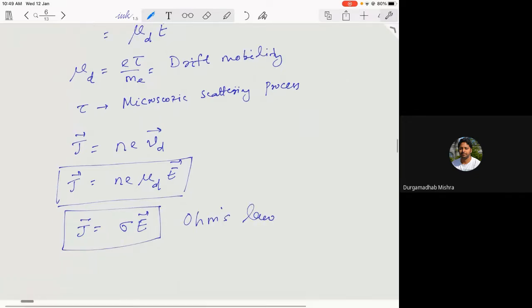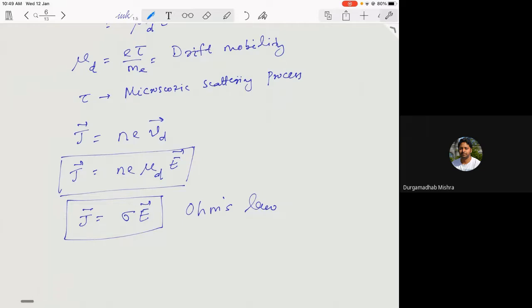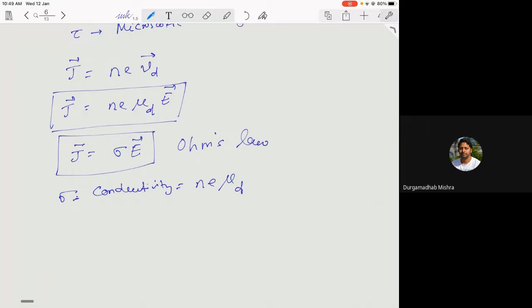If you rewrite in terms of voltage and current, you will get Ohm's law, V equal to IR, where sigma is your conductivity, which is given by N e into mu D. So the conductivity of a material depends on N, the number of electrons per unit volume, e, the charge, and mu D, the drift mobility.